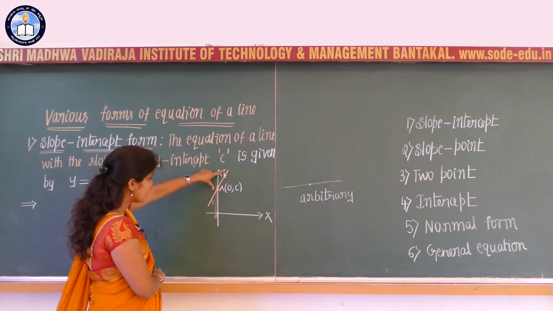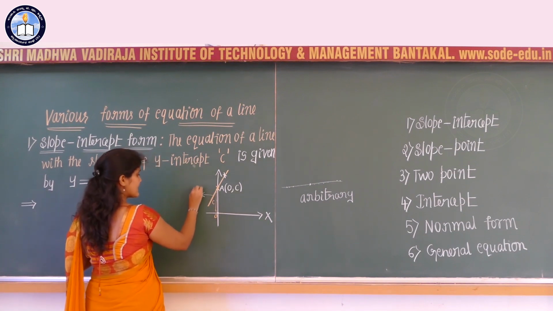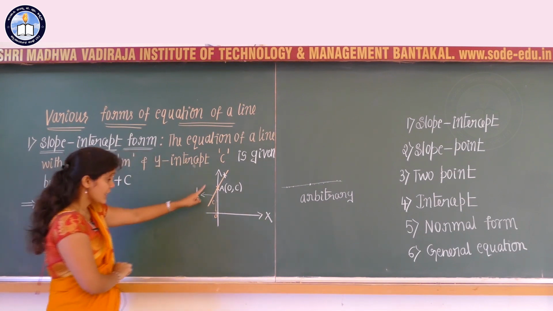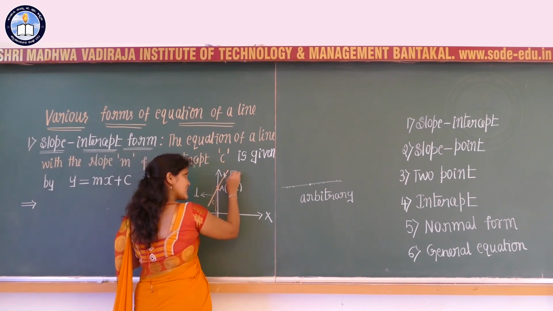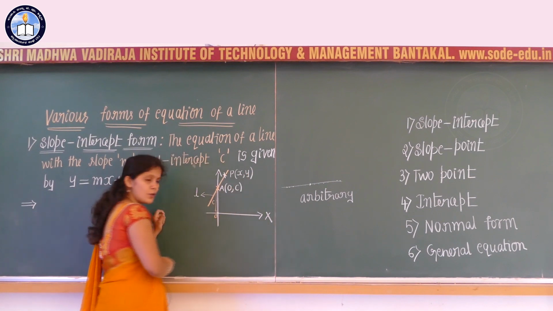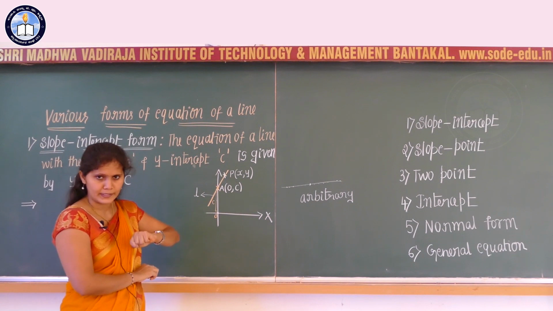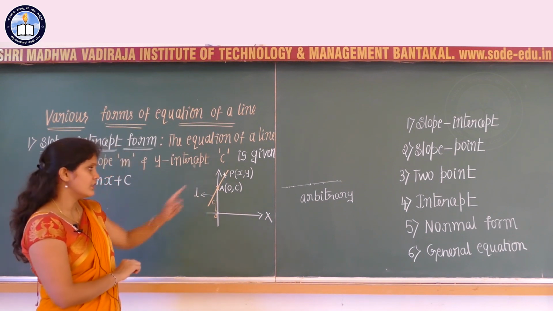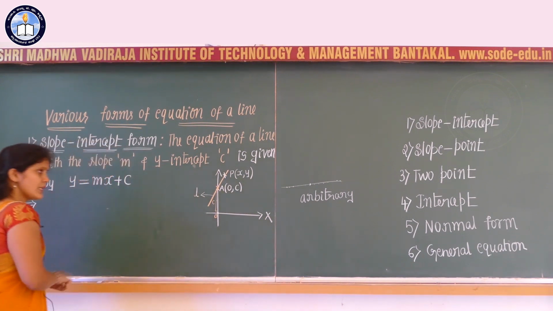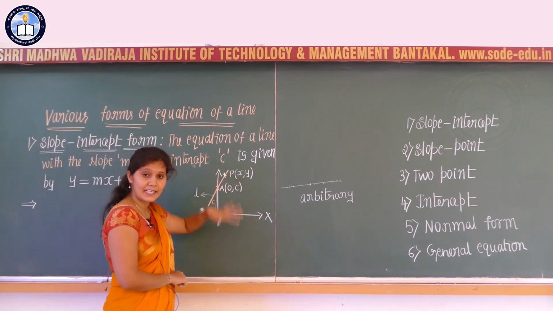So here I am going to consider this as the selected line L, and over the line I am going to consider one arbitrary point, that is P of x comma y. Anywhere on the line you can select that point, clear? So now we know that there are 2 points which are lying on the line.